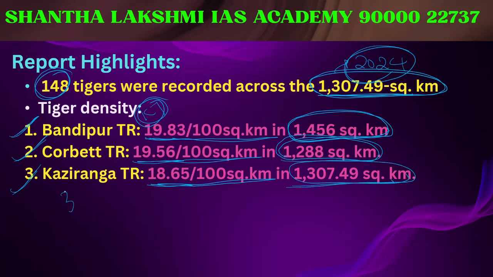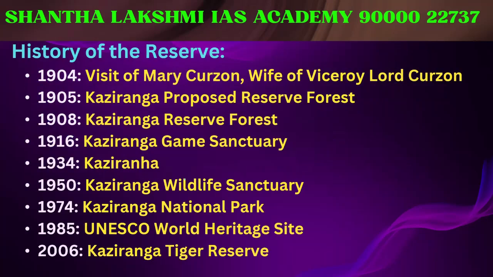So that's how it stood in the third position. First is Bandipur, with 19.83 tigers, second is the Corbett Tiger Reserve of Uttarakhand, with 19.56, and third is the Kaziranga Tiger Reserve of Assam, with 18.65 tigers.